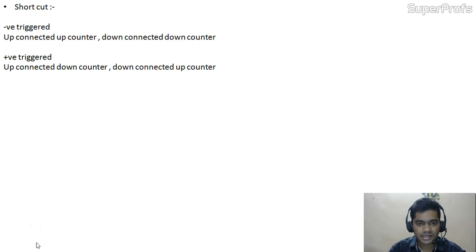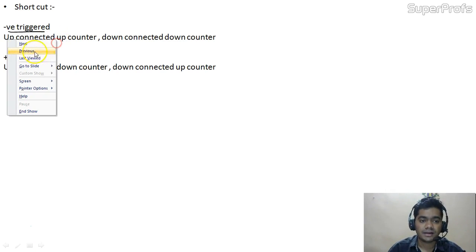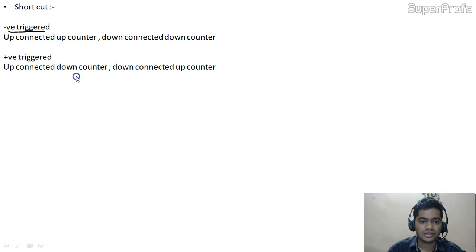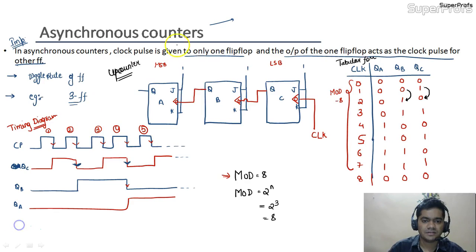The shortcut is this, you can write it: if the counter is negative edge triggered, then up connected would be an up counter. What do we mean by up connected? If the clock pulse for the next flip-flop is taken from Q of the previous flip-flop, that is up connected.